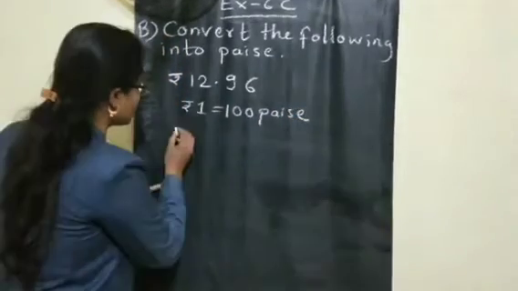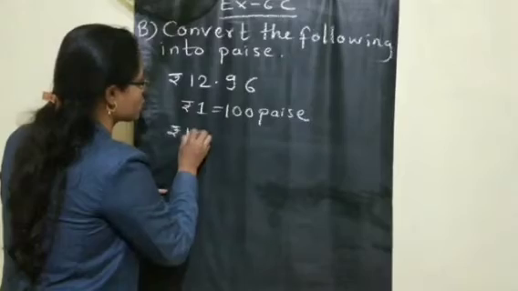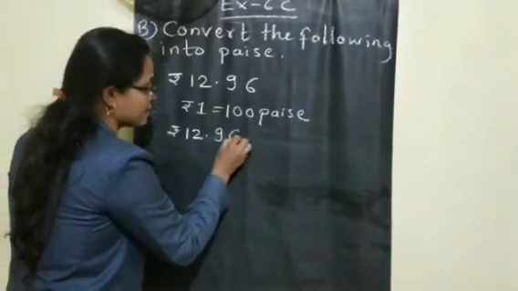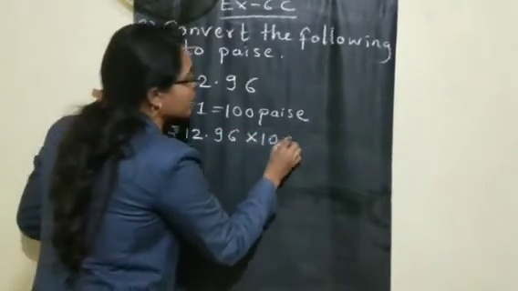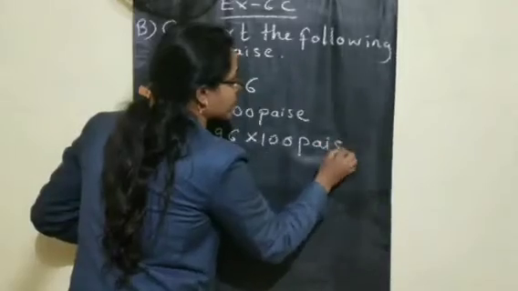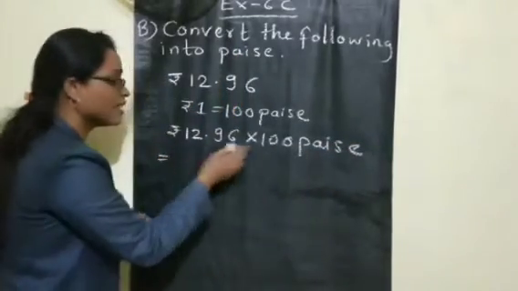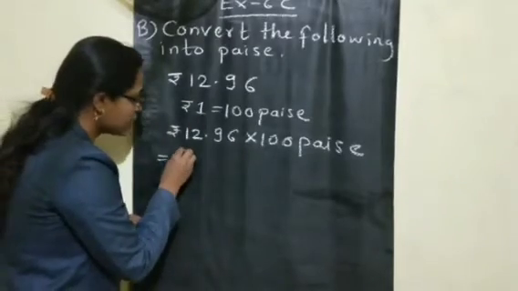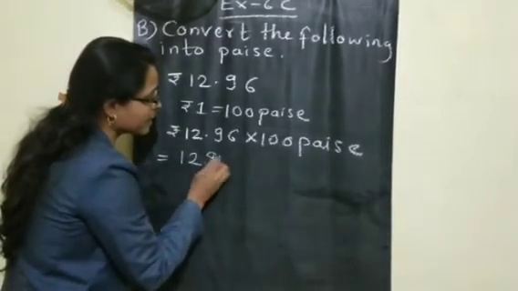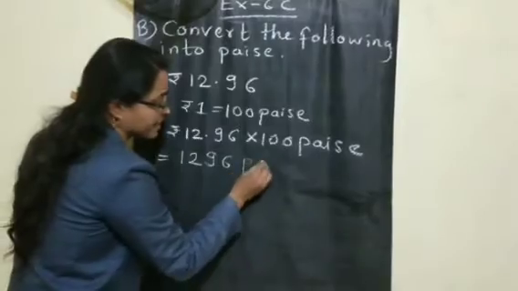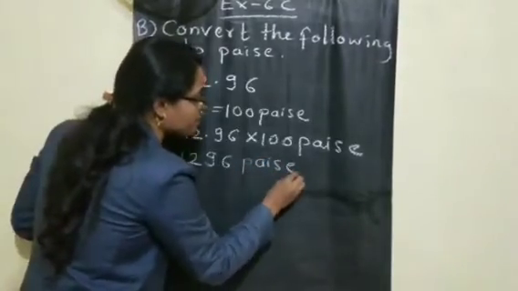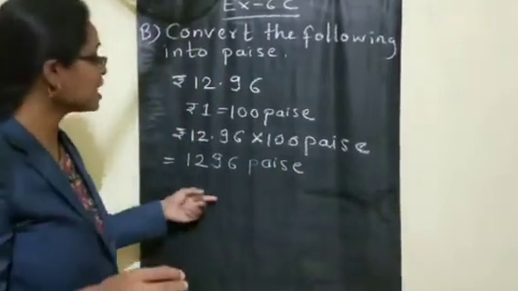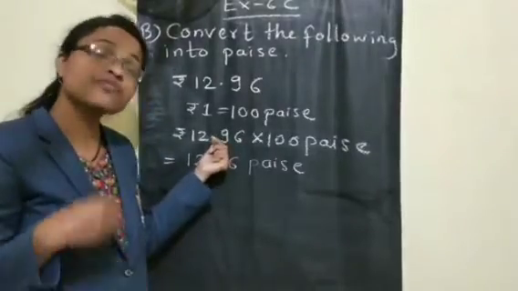So rupees 12.96 multiply with 100 paise. Once you multiply with 100 paise, children, automatically this dot will move and we will get 1296 paise. Means you have to keep in mind, when we are multiplying it, automatically this dot will go.